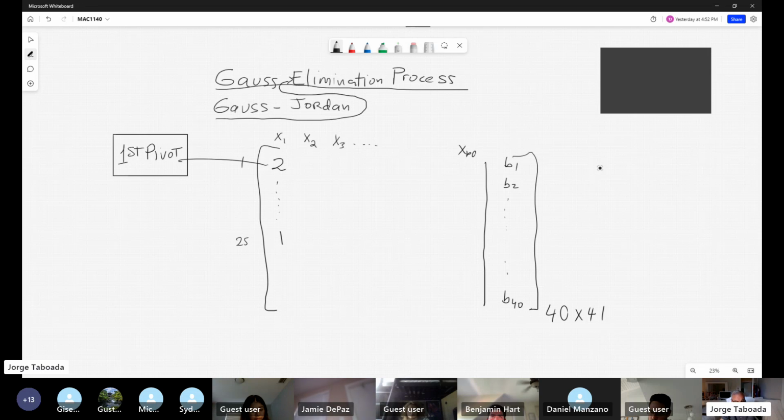You can swap, that is, interchange row 1 and row 25. Wow, cool. Immediately this 2 comes down, this 1 comes up, and now we have a pivot equal to 1. Exactly what we need to start.